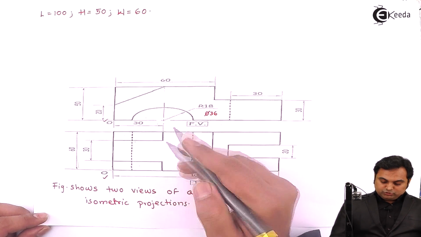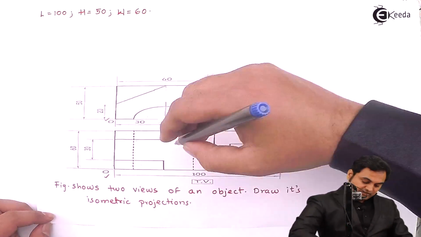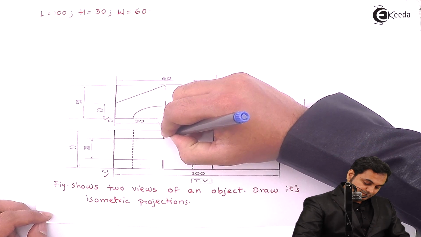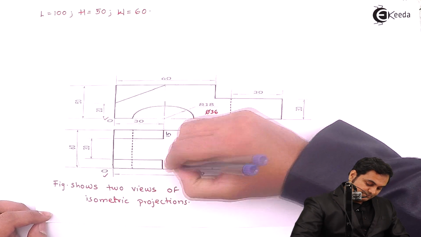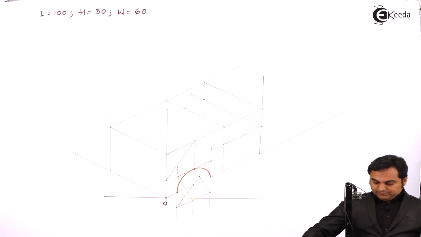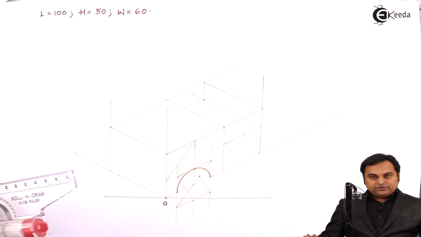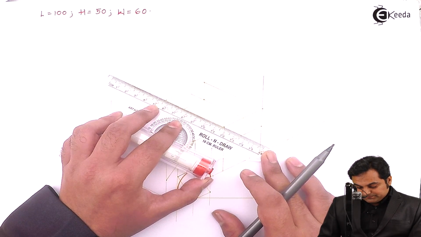So these two small rectangles, they are having width of 15 mm on one side, 15 mm on the other side. It means from here I am going to draw light parallel line parallel to the width.